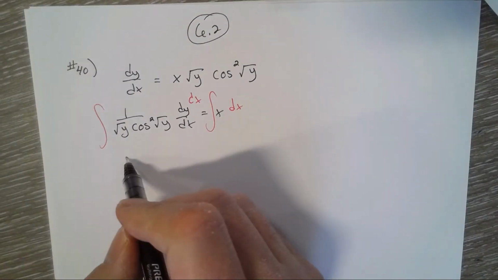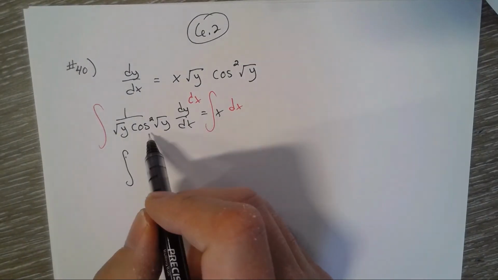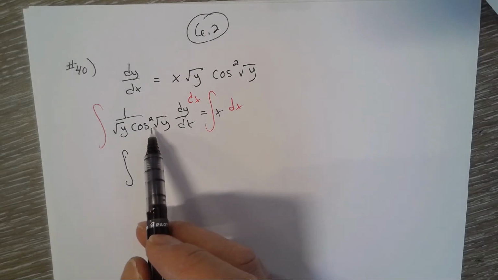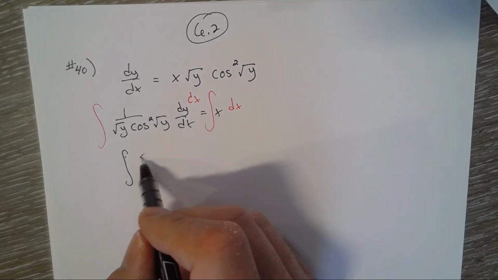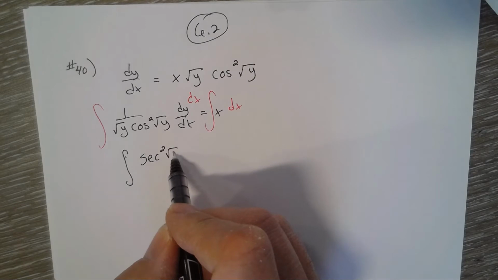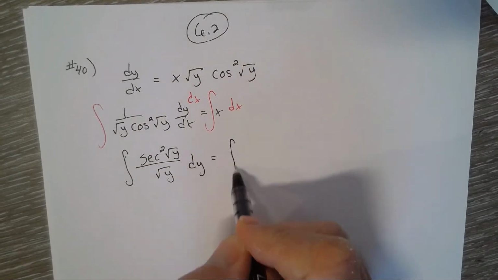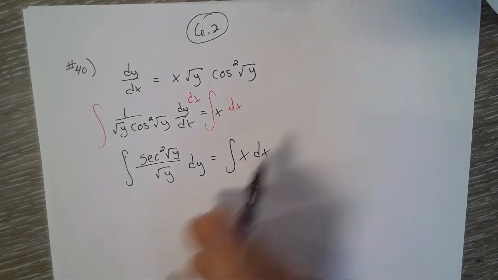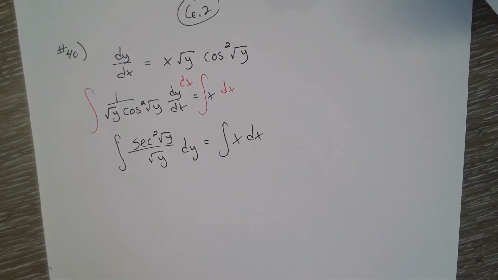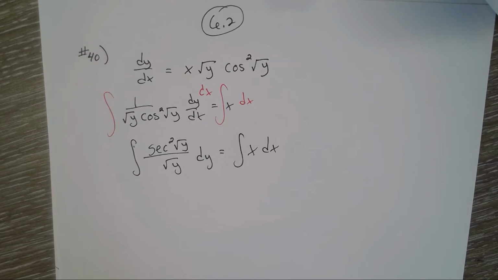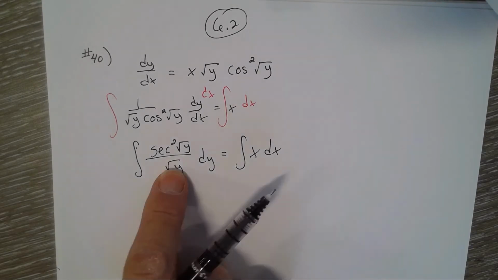So integrating dx, I have the integral of 1 over this. So I'm gonna make that secant squared. Yeah, I'd say the right side seems just a little bit easier than the left side. All right, so this requires a u substitution.